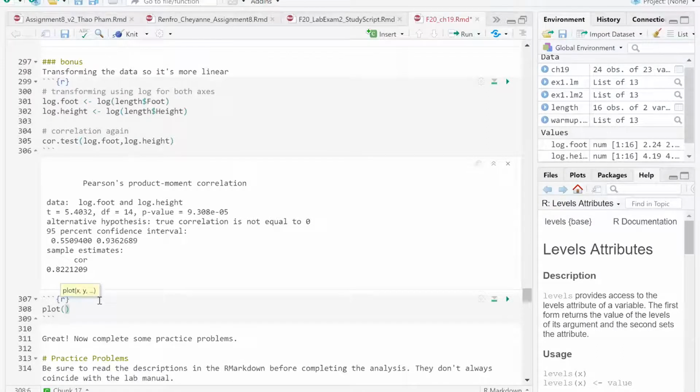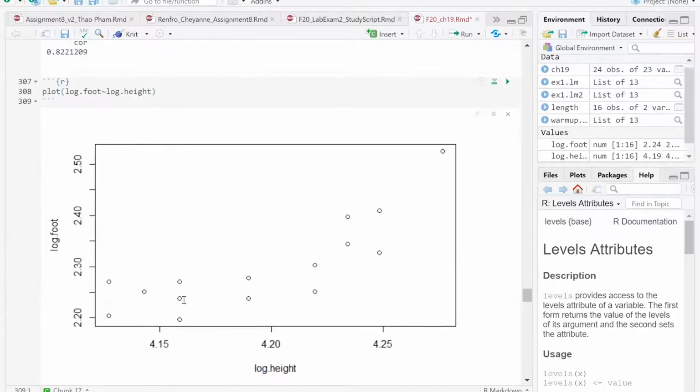Let's see what that actually did for the plot. Yeah, I think I switched them. That's probably why. But that looks weird too.